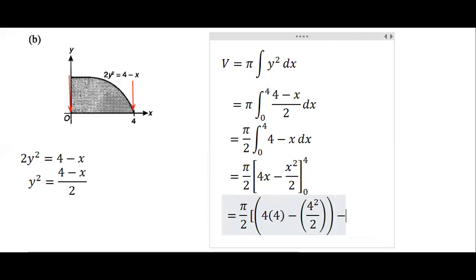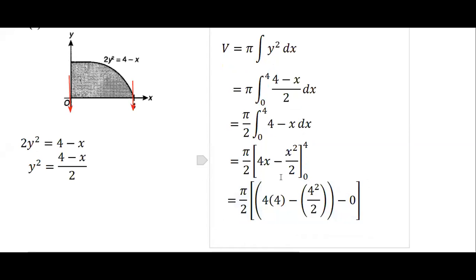Then 0. Should I put in 0? Or do you know what answer you get if I put in 0? If I put 0, what do I get? 0 also, right? Okay, still 0, so I just put 0. So press calculator. How much do you get here?